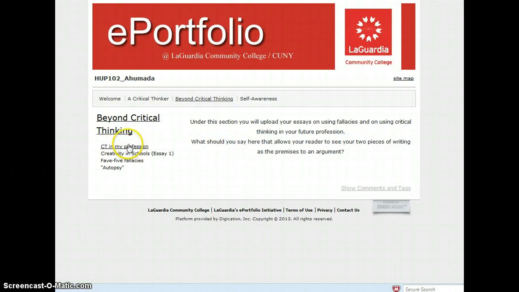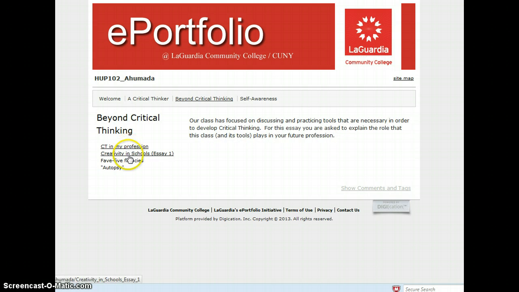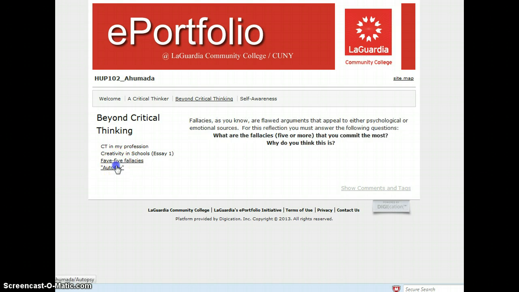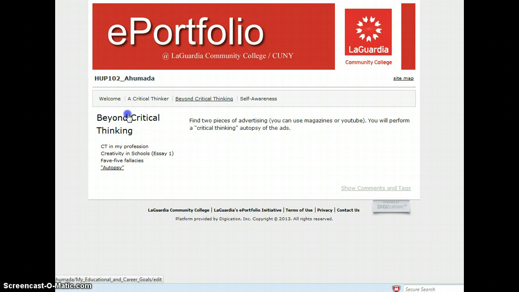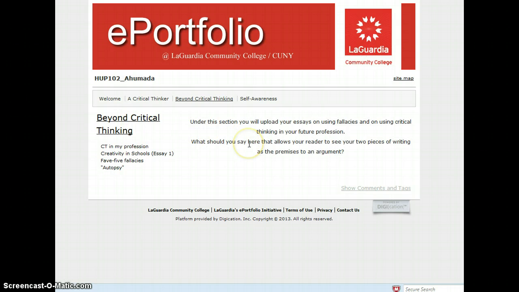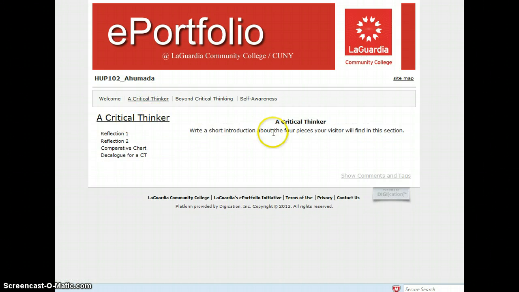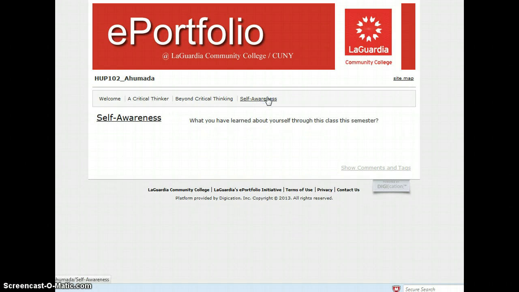All those pieces, you'll create a subsection for them and you will upload them here. As you can see, Beyond Critical Thinking also requires just a tiny bit of an introduction. Same thing with the section on a critical thinker. The last section doesn't require any subpages or any introduction.